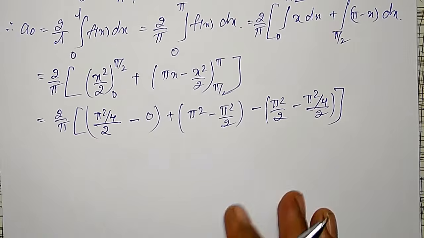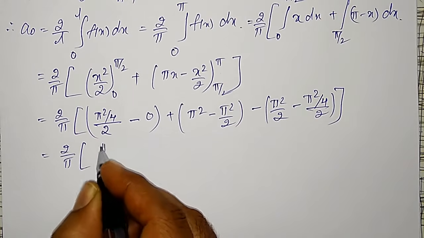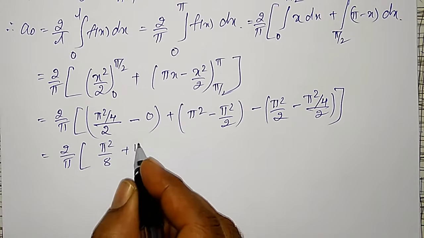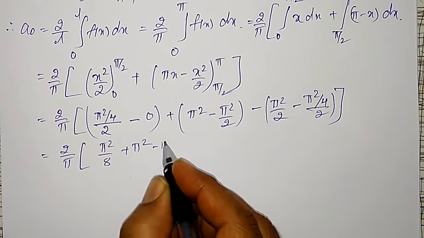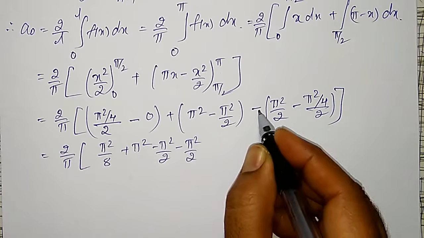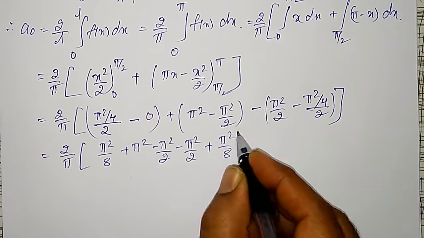Simplify this. Now I am going to get 2 by pi into pi square divided by 8 minus 0 plus pi square minus pi square by 2 minus pi square by 2 and minus of minus plus pi square divided by 8.